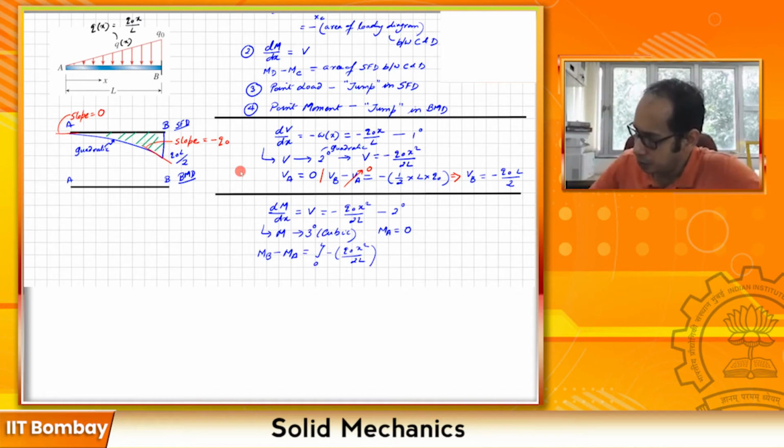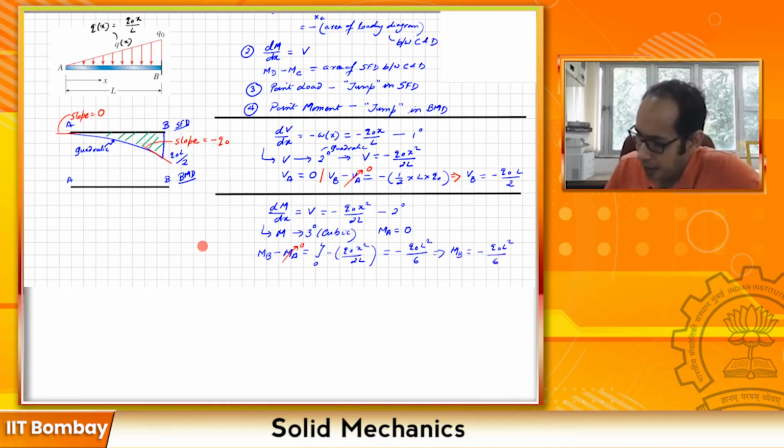So eventually you will get minus q naught L square by 6. Right? And I know that my MA is 0 over here. So MA goes to 0, and this eventually gives you that your MB is minus q naught L square by 6.